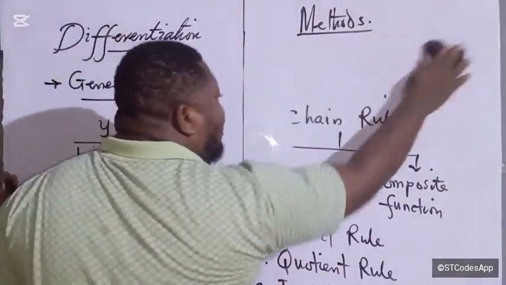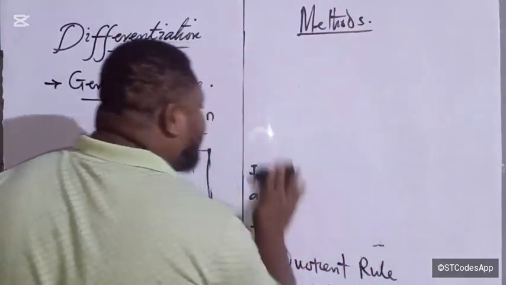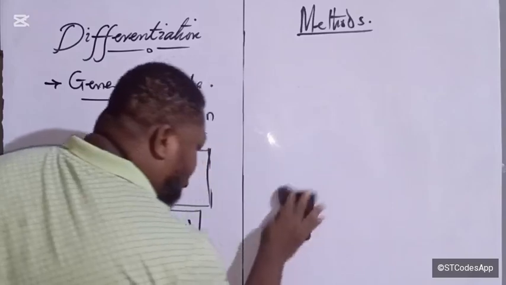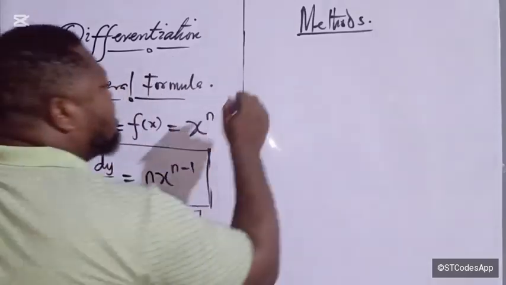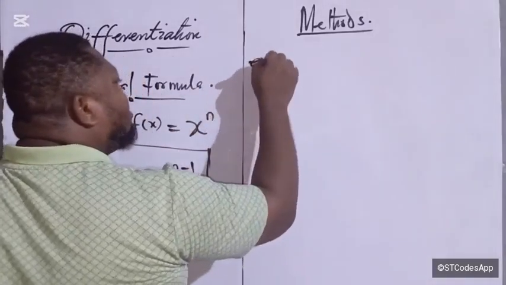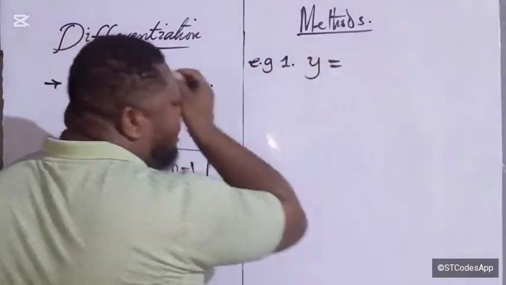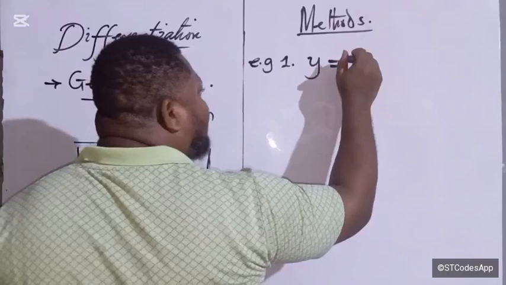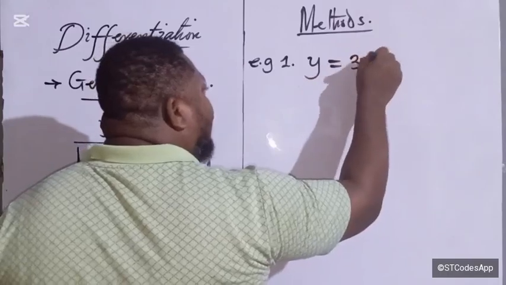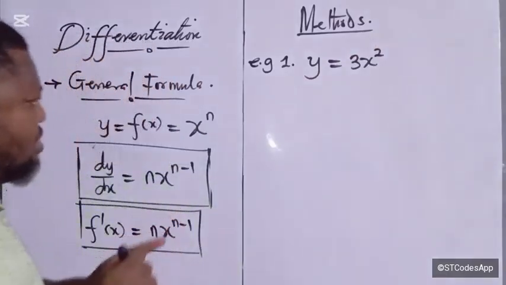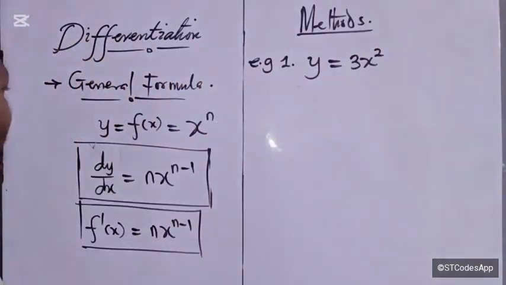So let's now look at examples using this formula to solve derivative or differentiation questions. Example 1: if I have y is equal to 3x raised to the power 2.